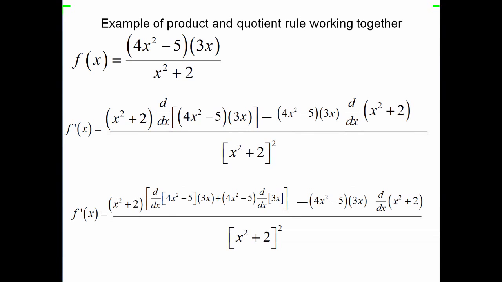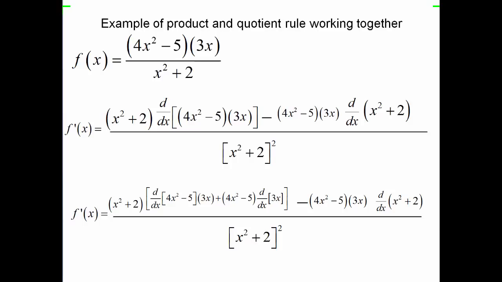Get some polynomial and throw it into the quotient rule. So basically you're just doing the quotient rule, low d high minus high d low all over low square. Now I'm going to leave it separated like this just so you guys see the product rule and the quotient rule working together.